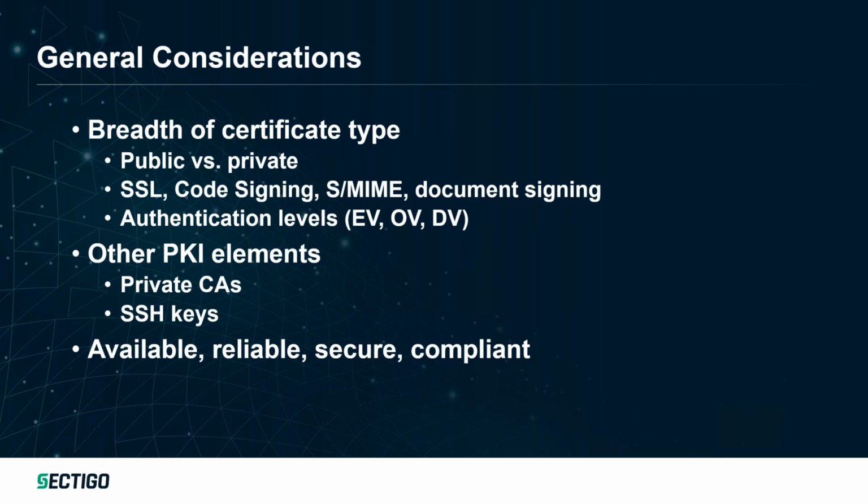You want to make sure that you're thinking about the full set of kinds of certificates that are working toward your automation. It's not just one thing like SSL. It's great if you can do SSL, but you probably have SMIME certs too. So can I also automate my SMIME certs? Public versus private trust, and then the authentication levels.